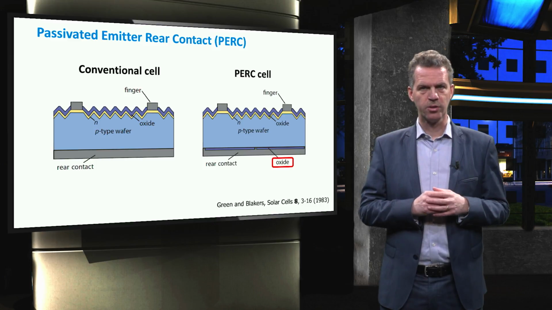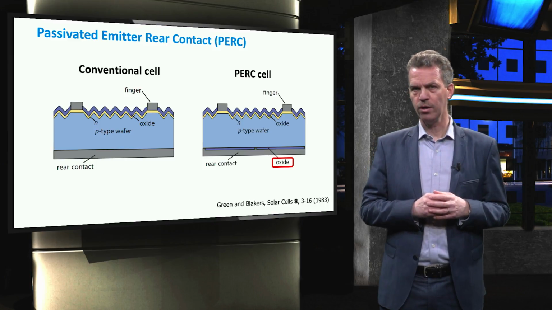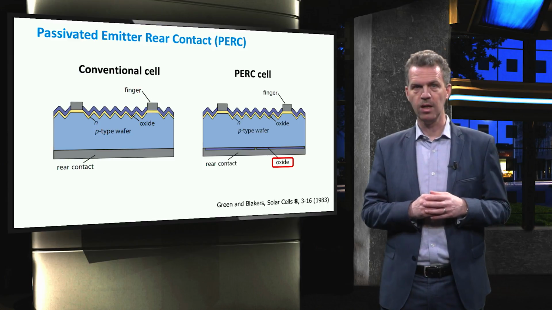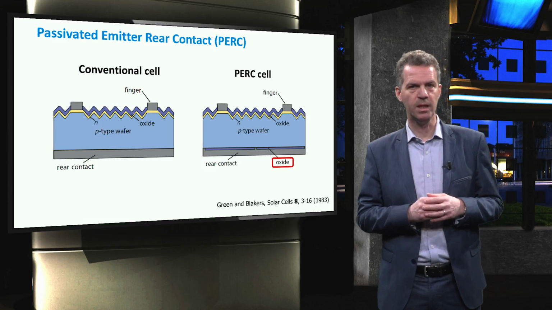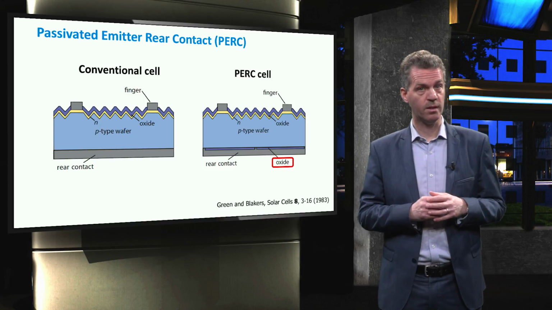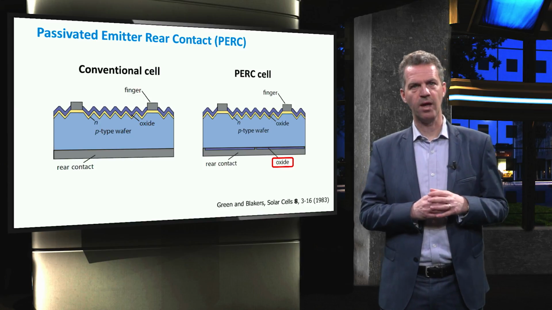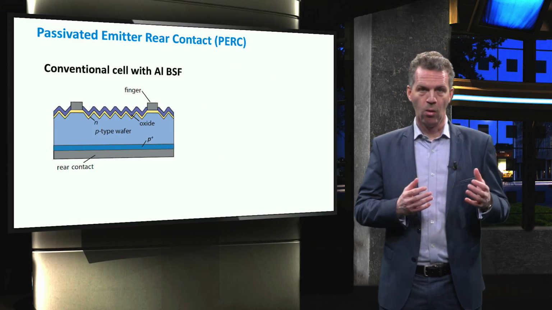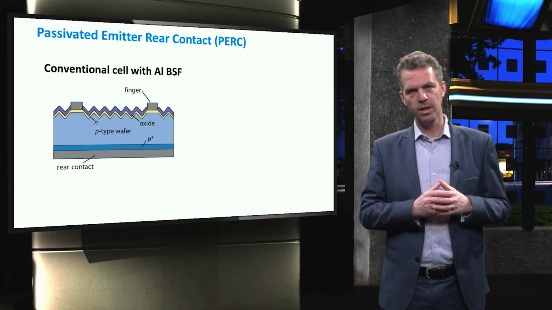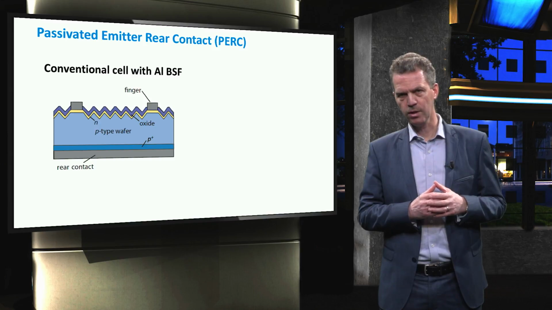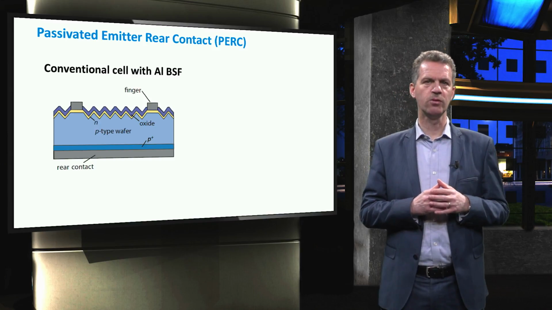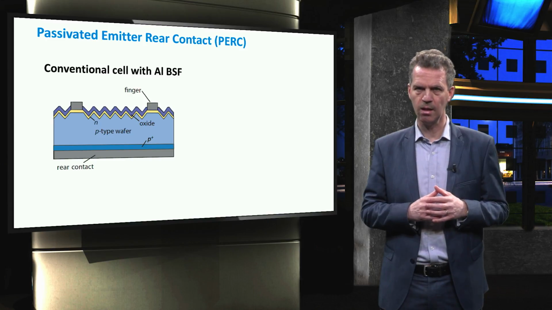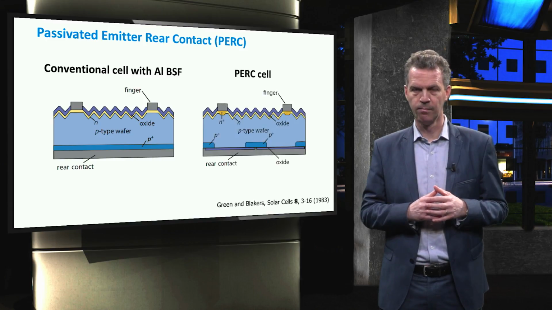The conventional solar cell has been developed further to include a back surface field, or BSF, realized by the diffusion of aluminium, a p-type dopant in silicon, after the back contact has been deposited onto the wafer. Also, the PERC design from the early 1980s has been developed further, and at this moment the most produced crystalline silicon solar cell is a multi-crystalline silicon cell with PERC technology.